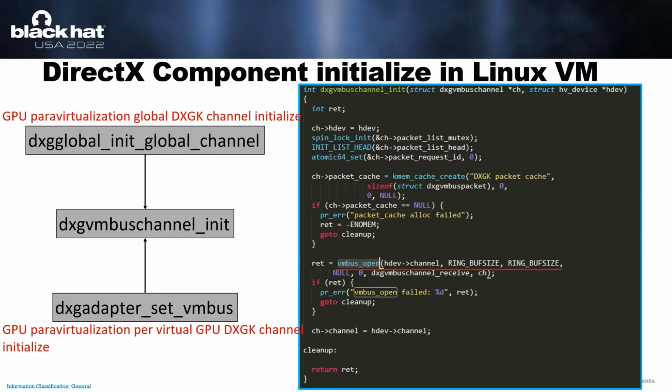There are two functions here that will invoke the dxg_vmbus_channel_init function: dxg_init_global_channel and dxg_adapter_set_vmbus. These two functions initialize a global DXGK channel and a virtual GPU DXGK channel, respectively.